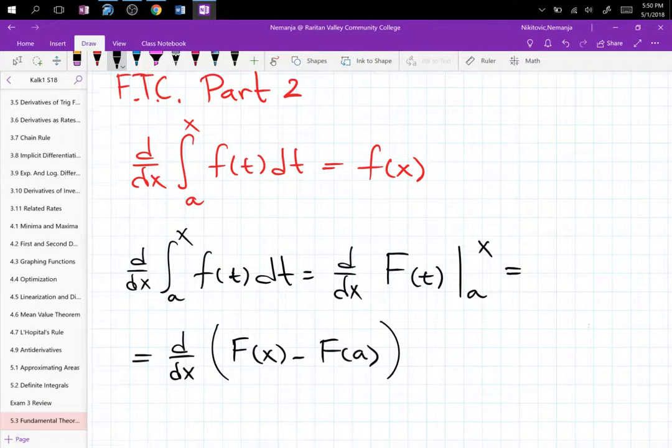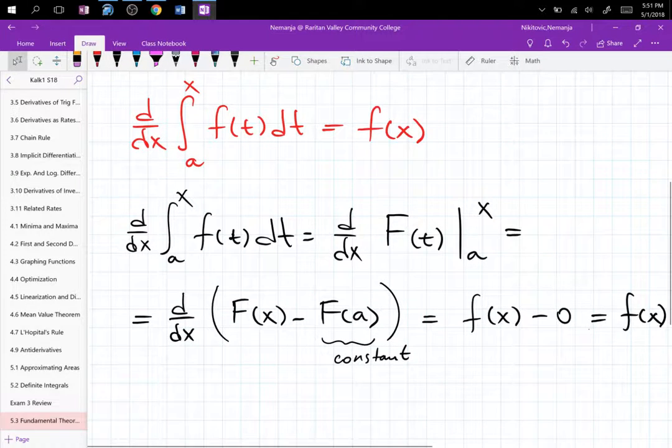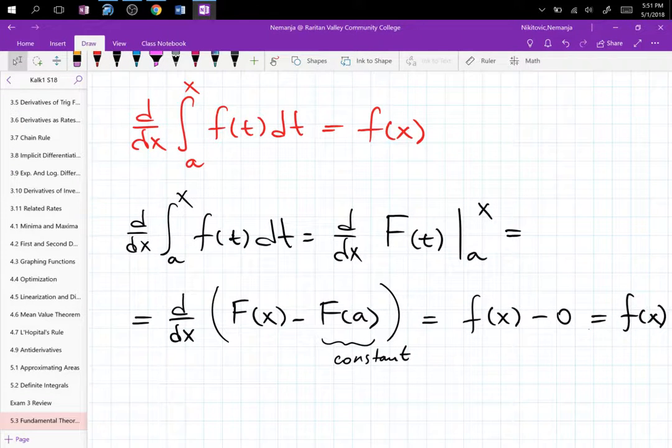Now we know that F of a is a constant because that's going to be some function with value a plugged in. Now a could be 0, could be 3, could be negative 10. A is something, right? So we plug that number in, so we understand that this is a constant. And then what happens when I take the derivative? Derivative of the antiderivative is just the original function f of x, and you get minus 0, so you do get f of x at the end. And this is the proof for the statement above. And that's what we have.